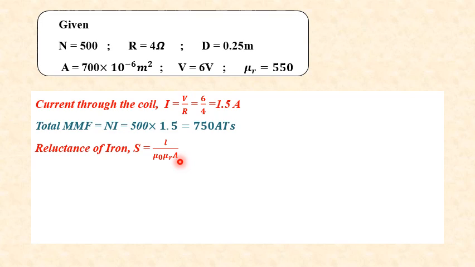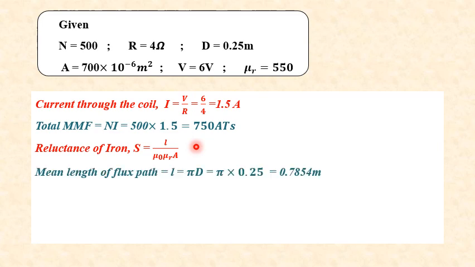A is the area of cross section of ring, given in the question as 700 into 10 raised to minus 6 meter square. So we need to find L, the mean length of the flux path. To find that, the diameter of the ring is given, so using that, we can find the value of L.